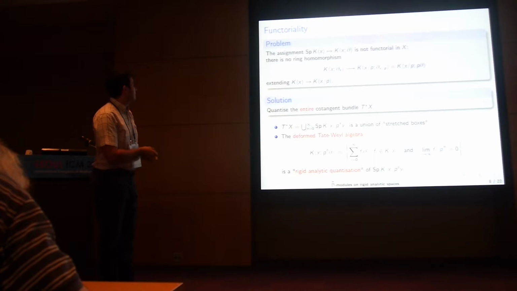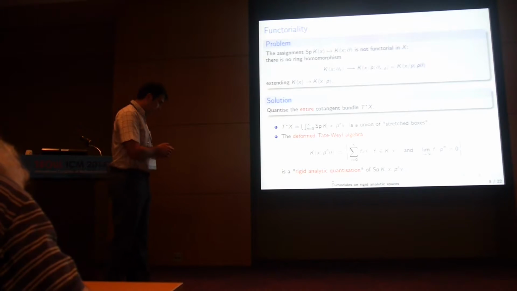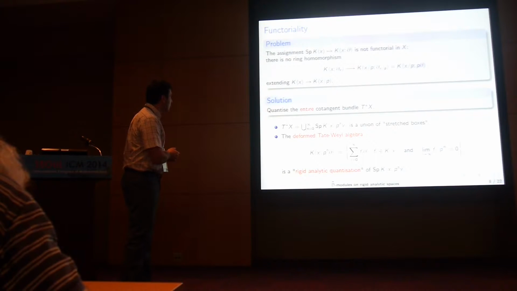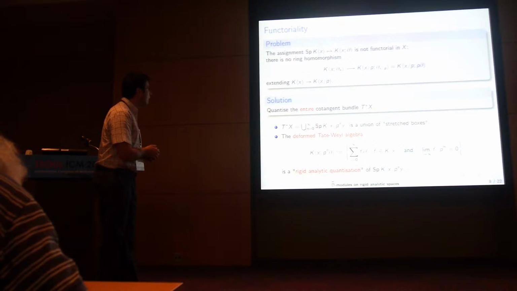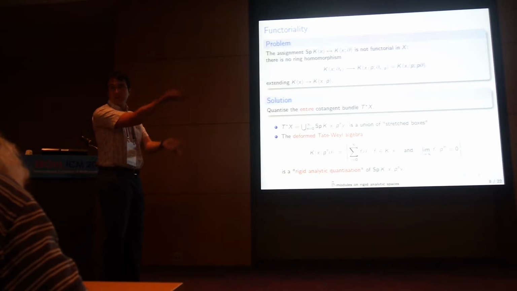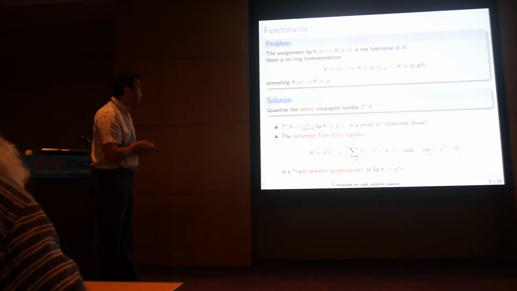You can do that, basically. So this is the main idea. You can present the cotangent bundle of the closed disk as an infinite union of, well, these are polydisks, but their vertical radius is getting stretched as n increases.